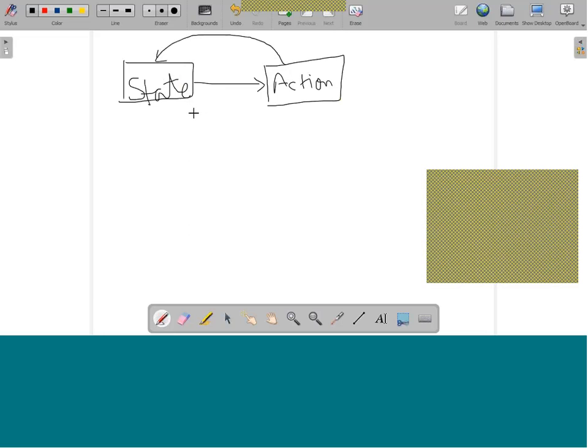Also, after taking the action, I will get the reward. It can be +1, it can be -1. +1 means you are getting more score, -1 means you are losing score. So you get the reward after taking the action, and you will know what reward you got to reach that state. So this is the diagram.